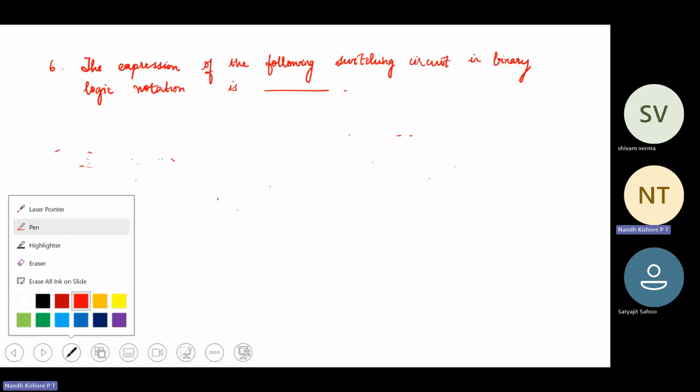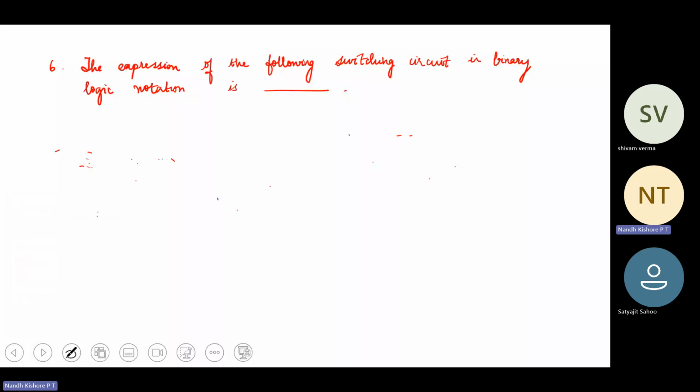So they have given a switching circuit. We have to write it in binary logic. So the circuit is something like this.